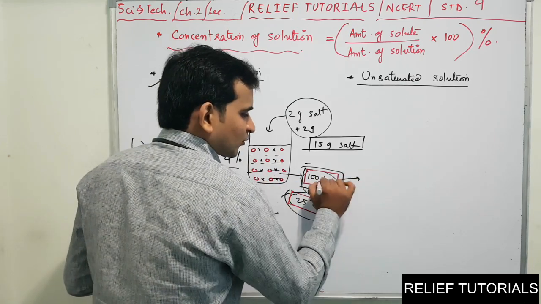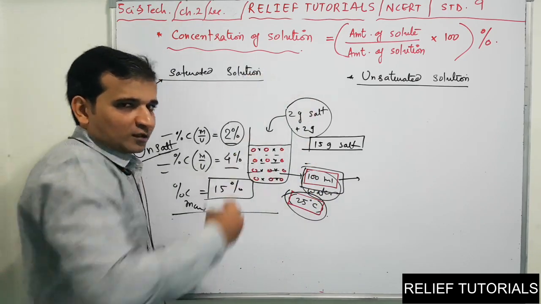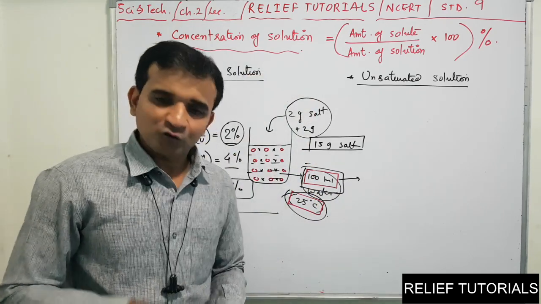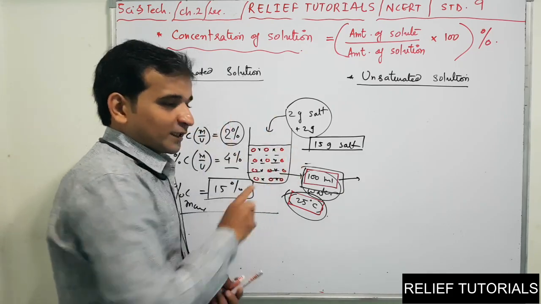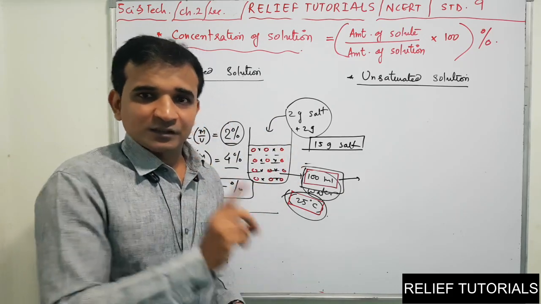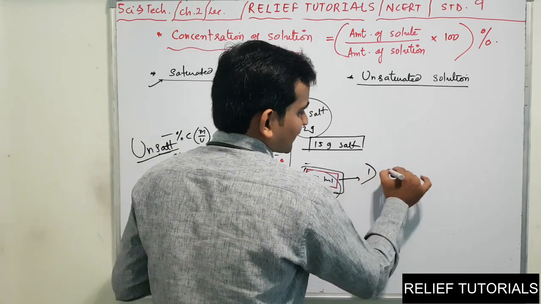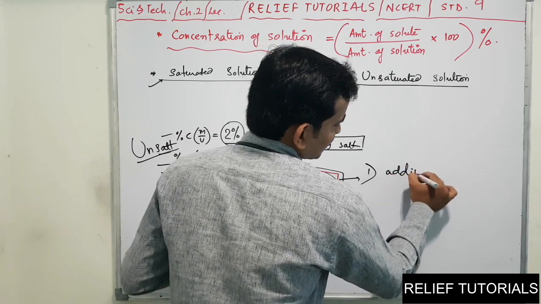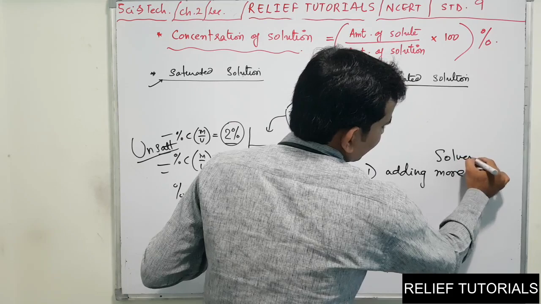Now if you add more water, more spaces will be available, so more solute can be dissolved. So a saturated solution can again be made unsaturated by adding more solvent.